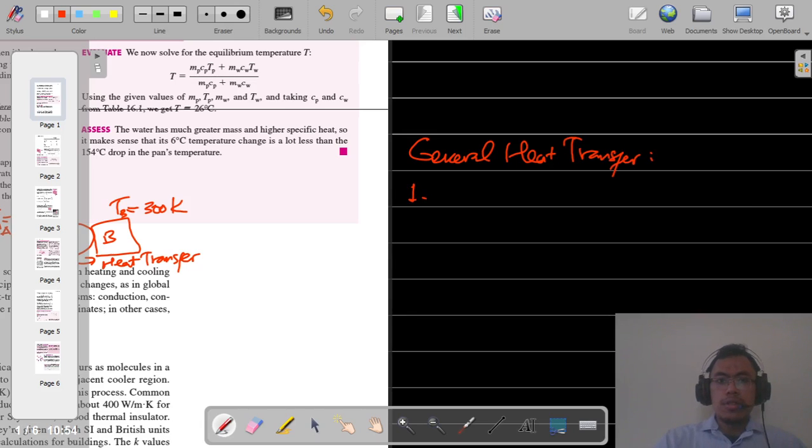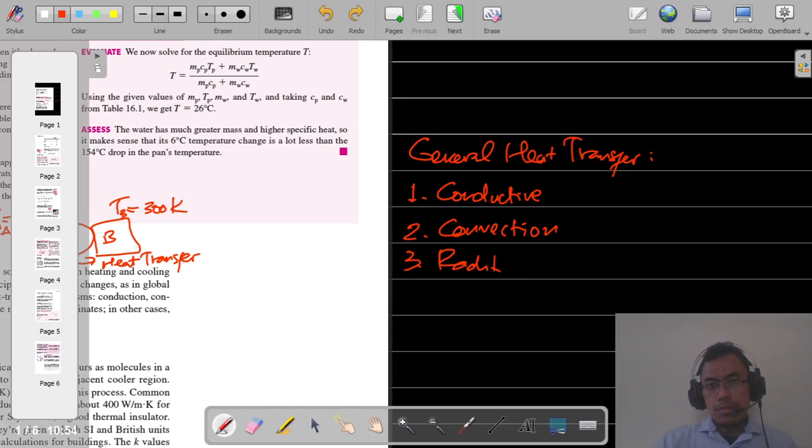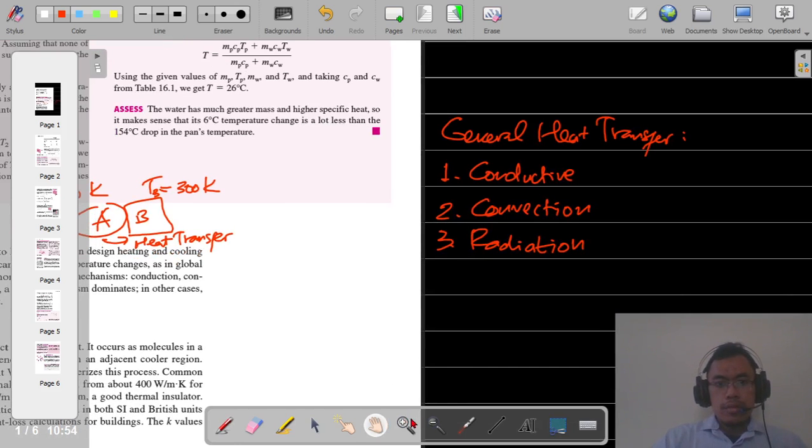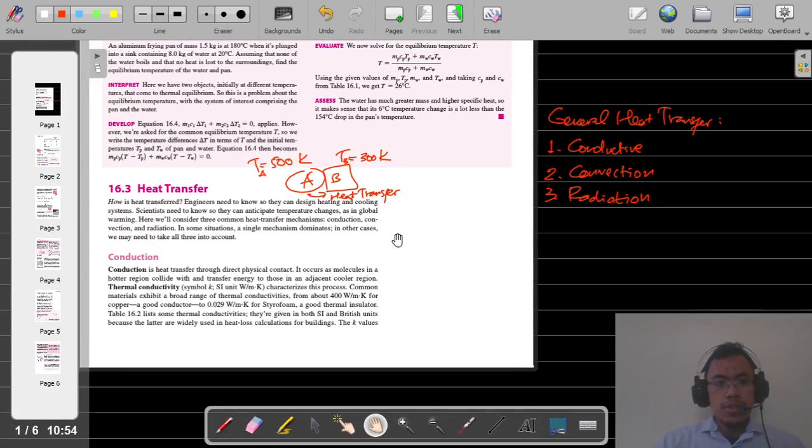The first one is called conduction, and then convection, and the third one is radiation. In this video we are going to learn about conduction first.